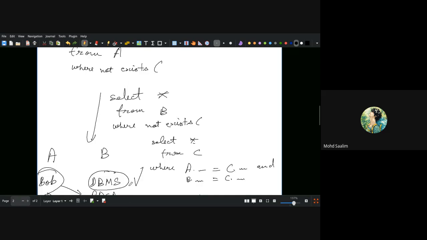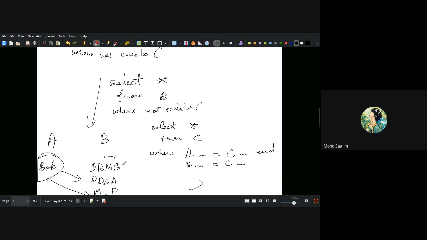No. It will only return true when no such course is selected, right? What do I mean by such? No such course which Bob had not taken. If Bob would have taken it, then this not exists will filter it out.